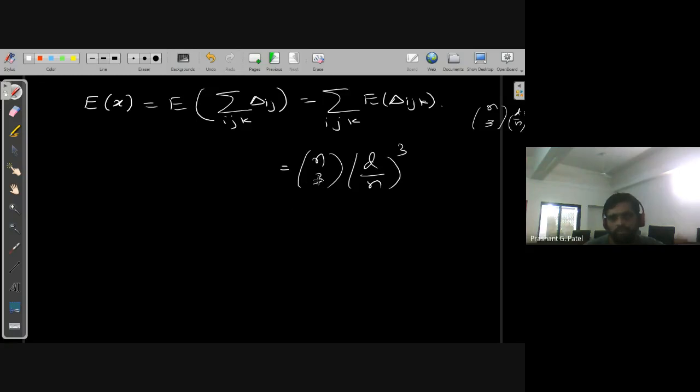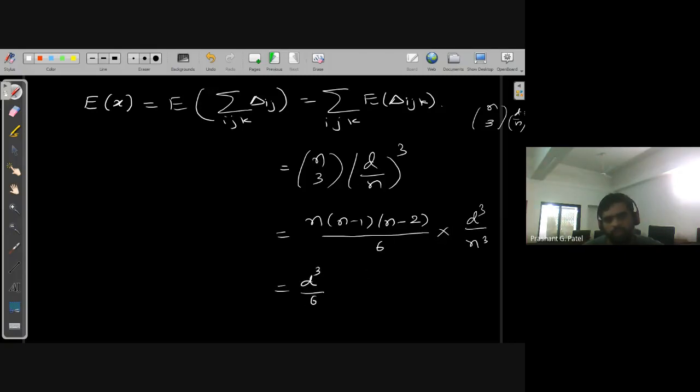And you can write this NC3 as n into n minus 1 into n minus 2 by 6, that is the value of NC3, into d cube by n cube. For n large, that means if n is tending to infinity, that will be n cube by 6.